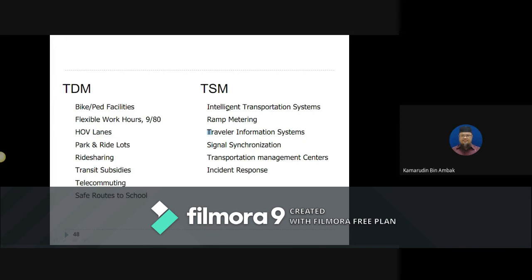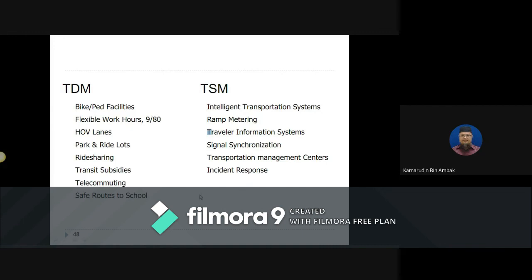Whereas TSM looks into the system or facilities such as ITS, ramp metering, especially for highways, traveler information systems, signal synchronization, especially for signalized intersections, transport management centers, incident response, and many others.